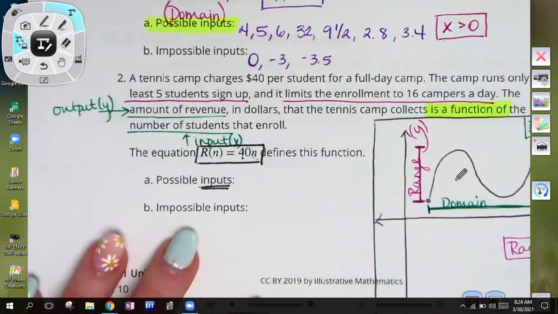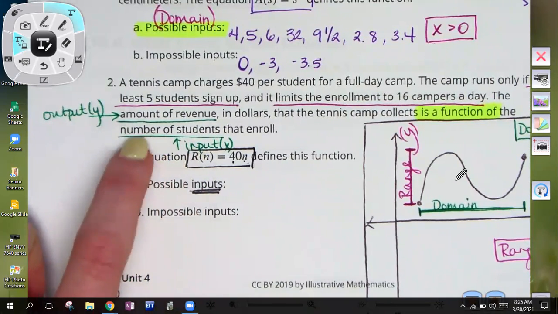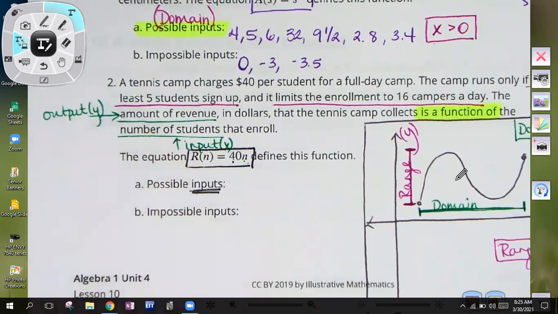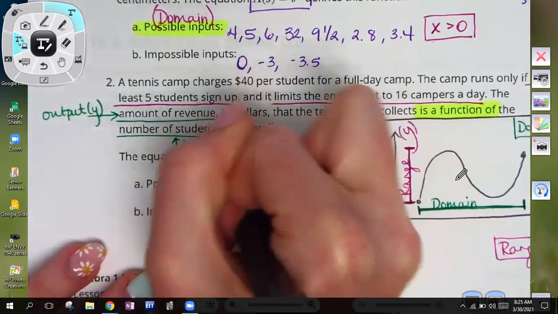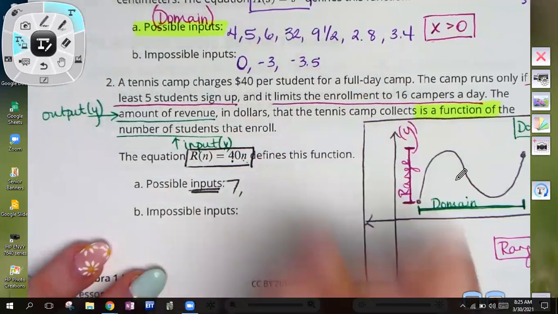What is my input talking about? The x, the domain, and it's specifically the number of students. Okay, so how many students could I actually take to this camp? Give me one possible input, Ava. 7. 16.